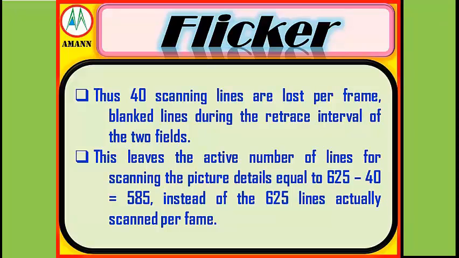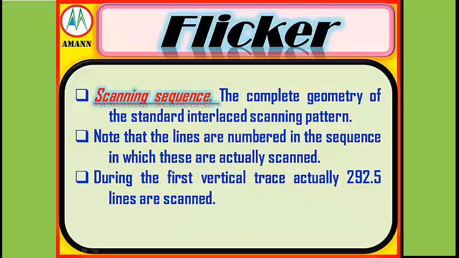The 40 scanning lines are lost per frame as blank lines during the retrace interval of the two fields. This leaves the active number of lines for scanning the picture details equal to 625 minus 40, that is 585, instead of the 625 lines actually scanned per frame.